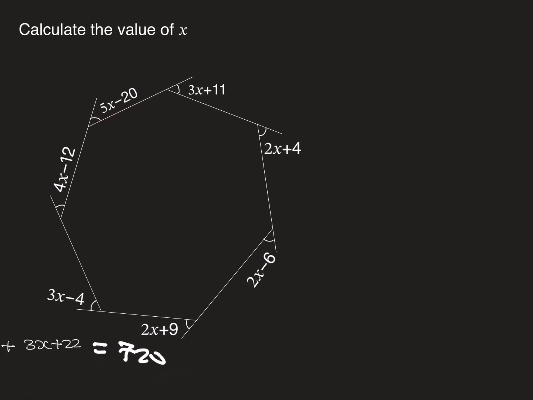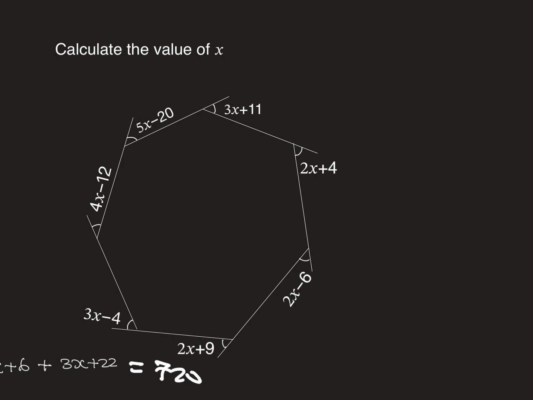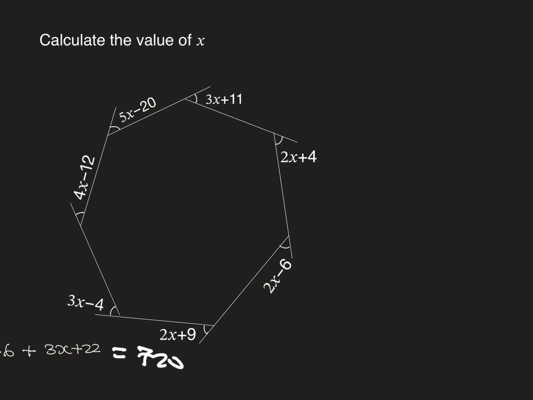It says calculate the value of x. In this situation, if you look at the angles that are given, they are exterior angles, not interior angles, okay? So we are dealing with exterior angles, and the rule is straightforward.